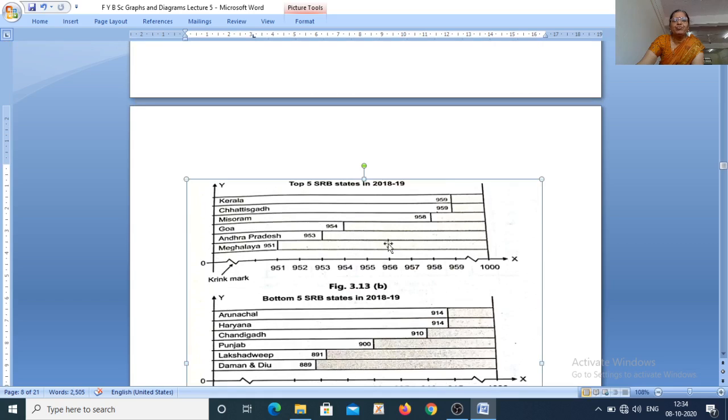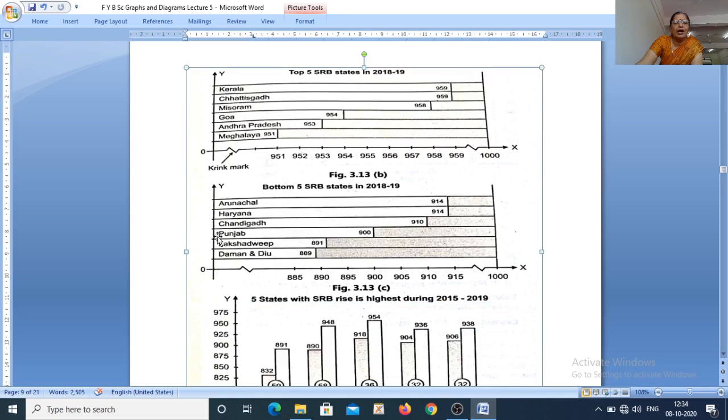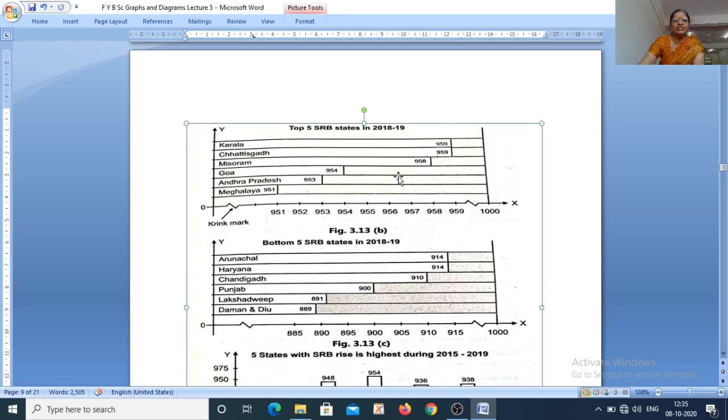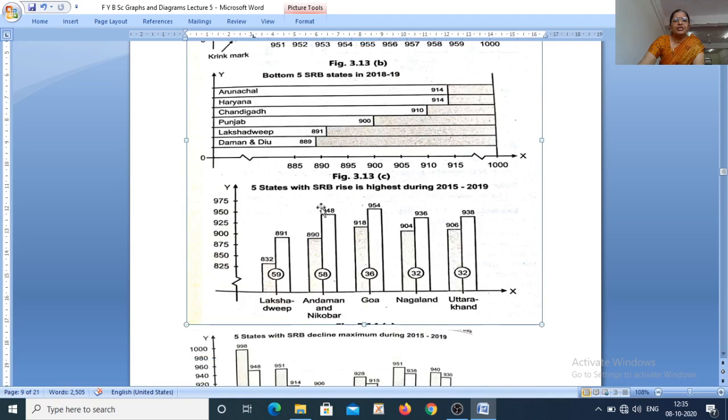Here you can see in Kerala and Chhattisgarh the sex ratio is maximum, that is 959. And these are the sex ratios in Arunachal Pradesh, Haryana, Chandigarh, Punjab, Lakshadweep, Diu and Daman, where these are the lowest sex ratios, and these are the highest sex ratios.